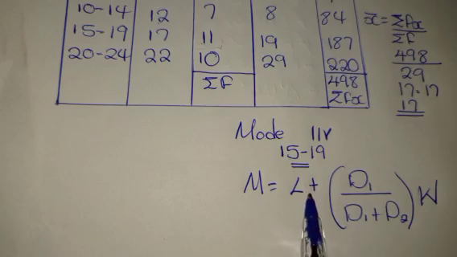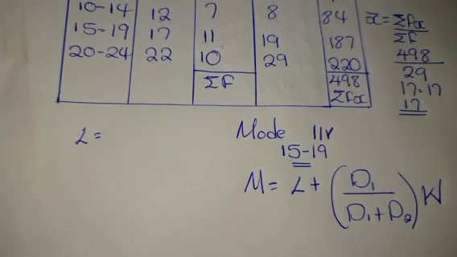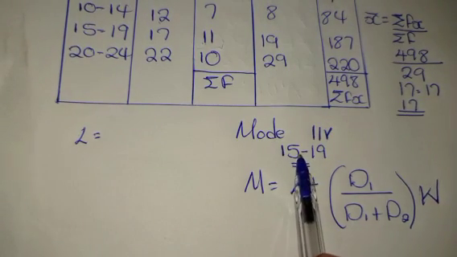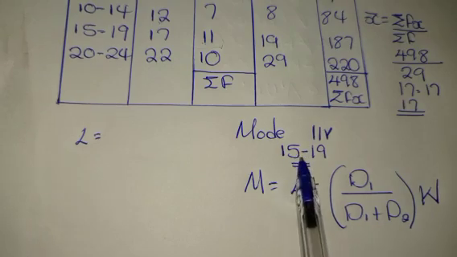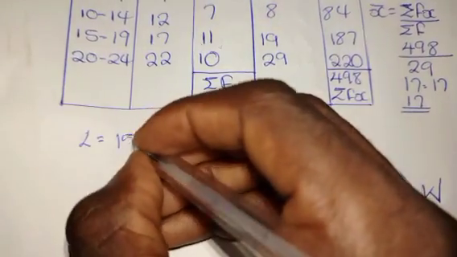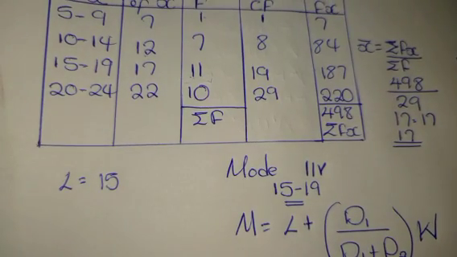What do we need to do to find the lower boundary? For the value of L, we always add the lower interval of the mode class, which is 15.